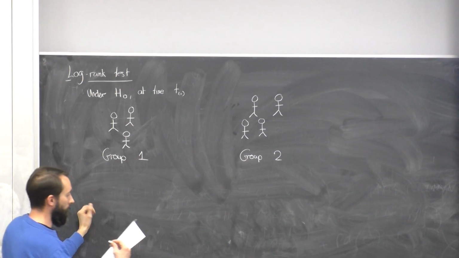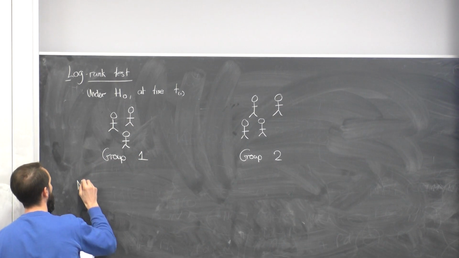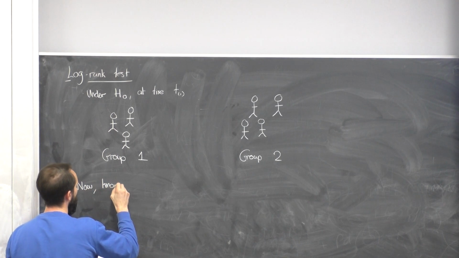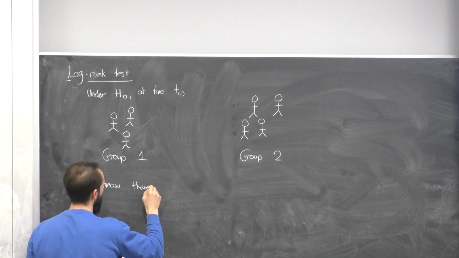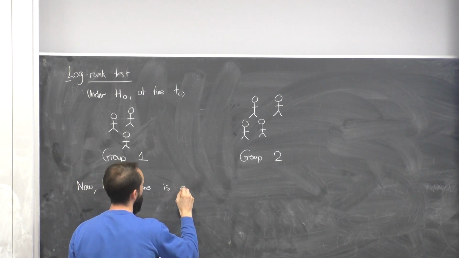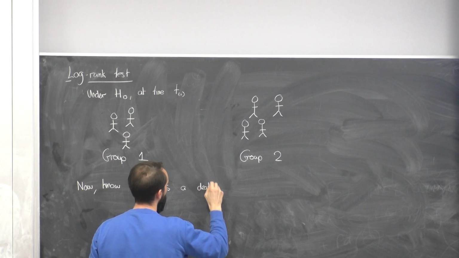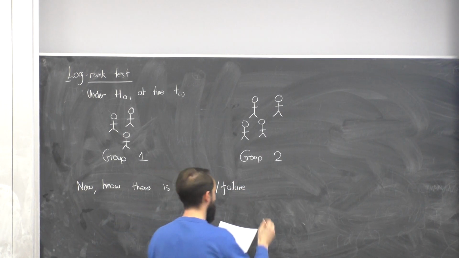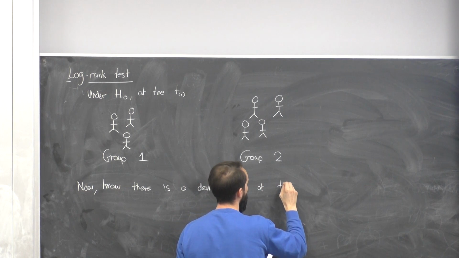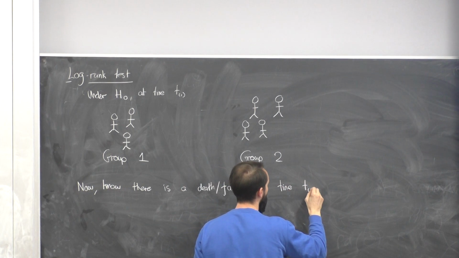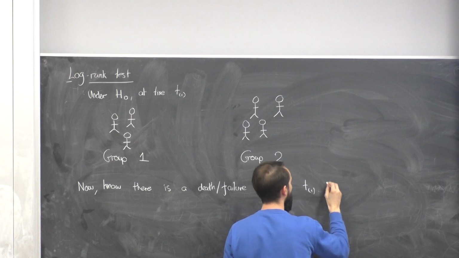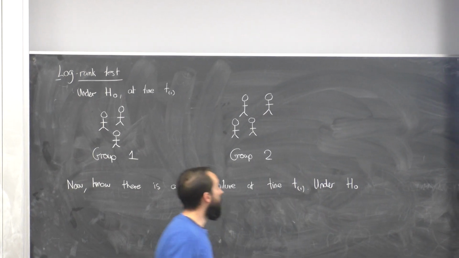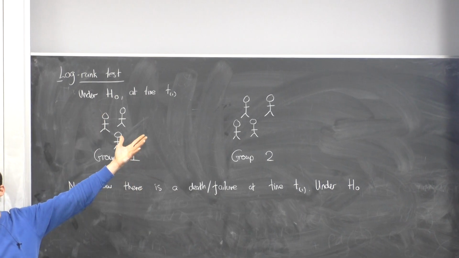Now if we know there is a death or a failure at that time, then under my null hypothesis, basically all these people are the same.